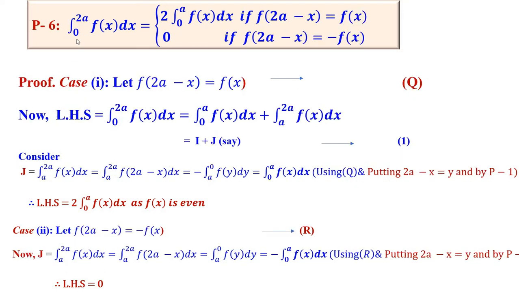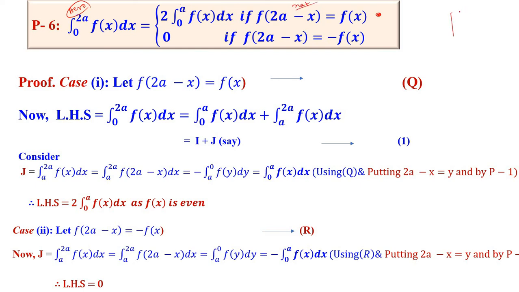Now the next one, integral 0 to 2a f of x dx. Remember that this is the net to be remembered. We shall imagine this to be our hero 2. He can jump provided this net is there.